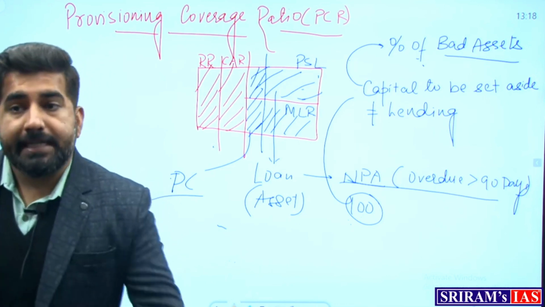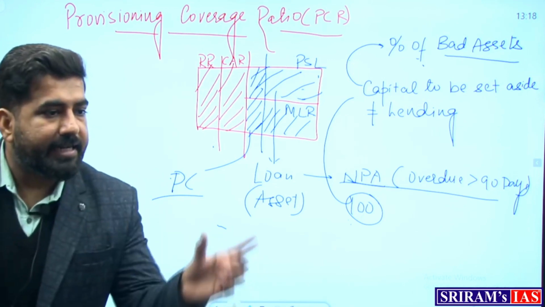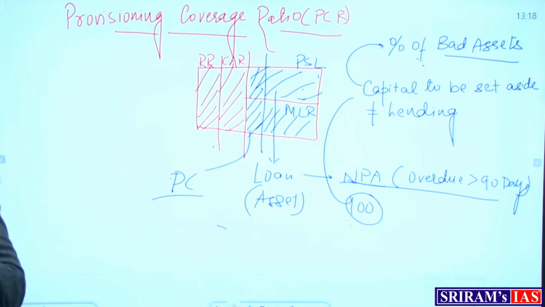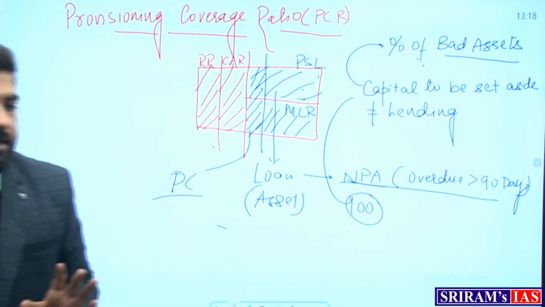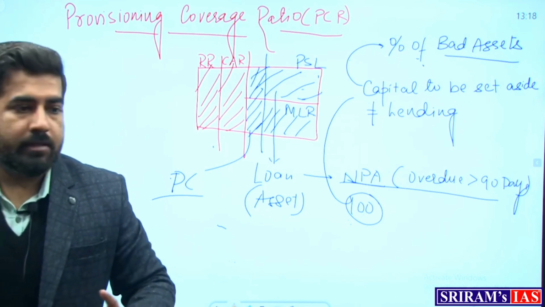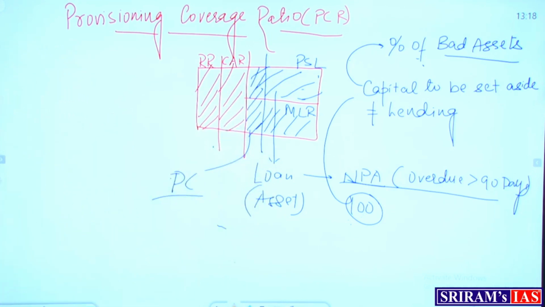Yes. CAR requirement, try to understand first of all. CAR is associated with respect to risk weighted assets. It doesn't matter whether the loan has gone into NPA or not. PCR comes into picture when the loan goes into the NPA. That is one. Second, CAR is a global requirement. PCR is a requirement made by the RBI itself.